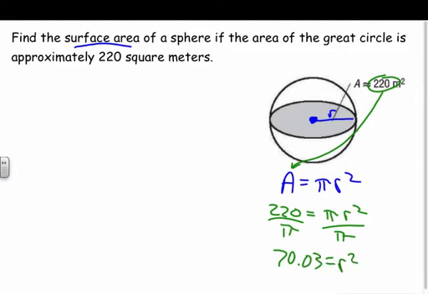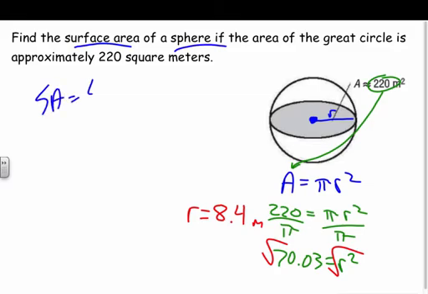So I get about 70.03 equals r squared. And we take the square root of that number. I'm going to take the square root of my answer on my calculator. So take the square root to solve for r, and the radius would be about 8.36, or about 8.4 is just fine. So I found the radius. And it asked me for the surface area of the sphere.